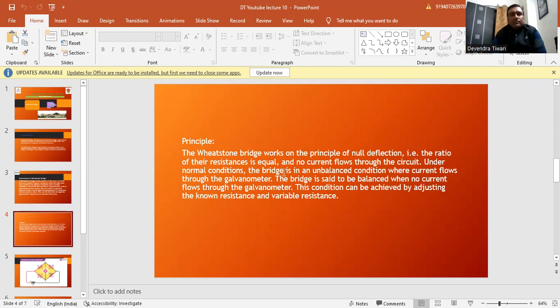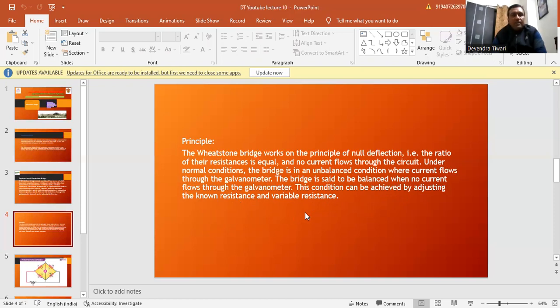That is, if the ratio of their resistances is equal, no current flows through the galvanometer. Under normal conditions, the bridge is in an unbalanced condition where current flows through the galvanometer. The bridge is said to be balanced when no current flows through the galvanometer. This condition can be achieved by adjusting the known resistance and a variable resistance.